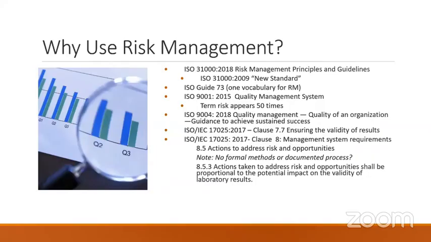So this is why I say that it's important to have some sort of formality associated with your risk-based thinking, so that you can evaluate 8.5.3 and determine how impactful a particular risk could be on the validity of your laboratory results. So that's why I think it's important to have something in place. And we'll talk a little bit more about simple methods, simple matrices that can be used to address 8.5.3.